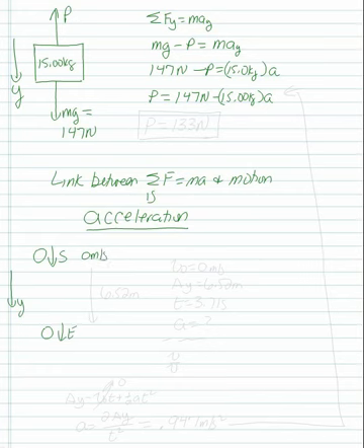0 meters per second because you were told it started from rest. And we know it moves 6.52 meters in 3.71 seconds. So this is a motion problem. You were told v0 equals 0. Delta y is 6.52 meters.